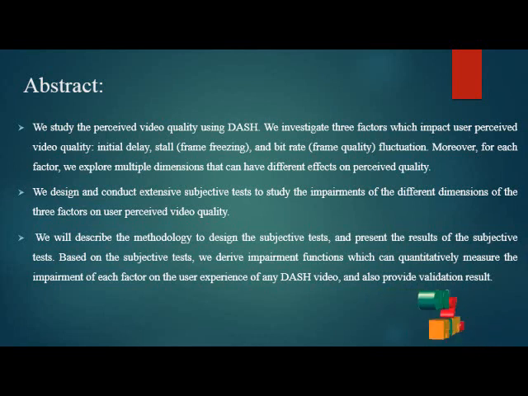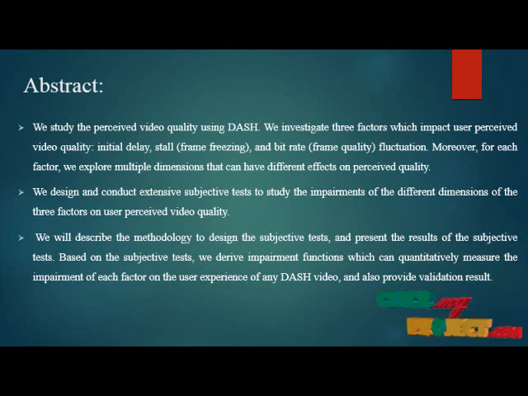We investigate the three factors of the user's perceived video quality: initial delay, video stall and bitrate. Moreover, for each factor we explore multiple dimensions that can have different effects on the perceived quality.